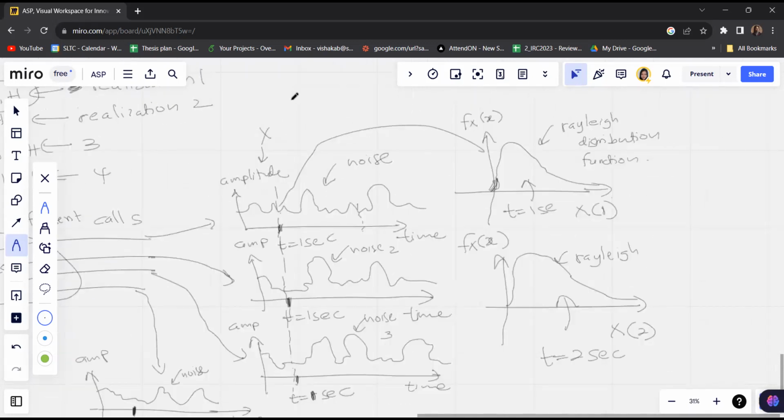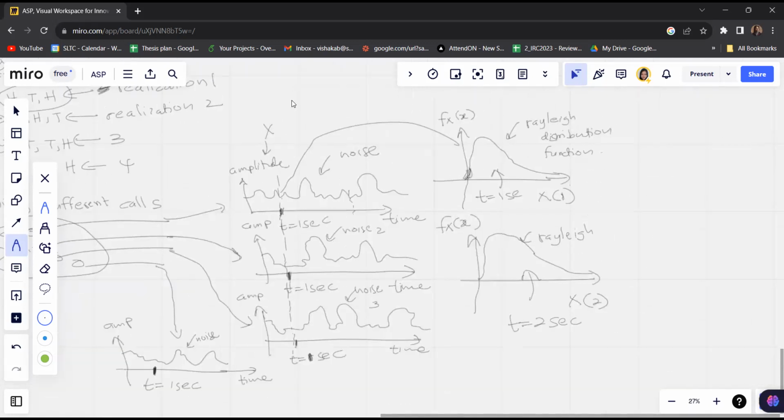The PDF of a random process has to be defined for each random variable on this axis, and that is the PDF of that specific time instance or specific space instance. So it is defined for the specific time instance in this case. Do you have any questions?